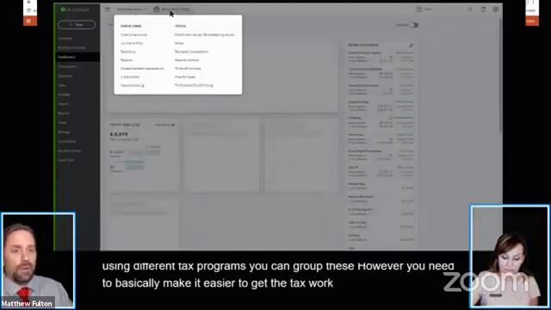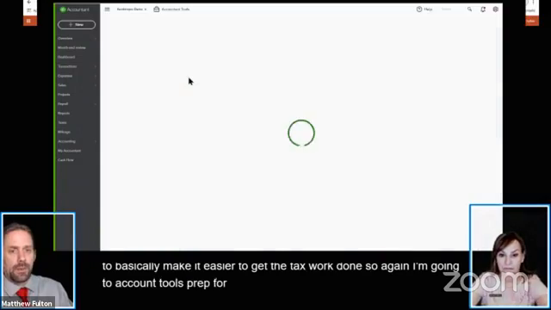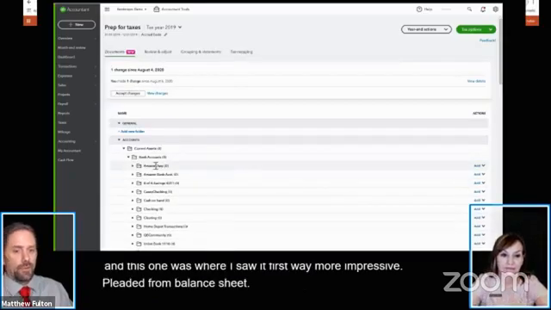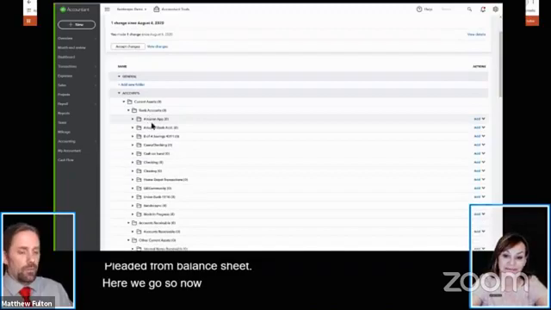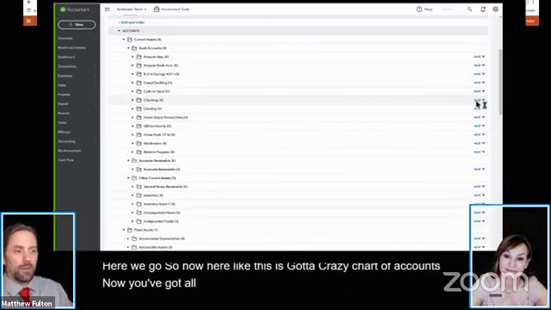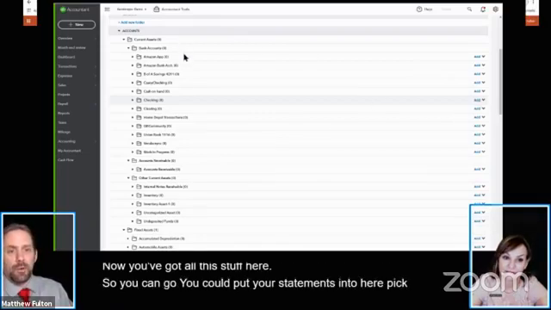So again, I'm going up to account tools, prep for tax. And this one was where I saw it first, and it's way more impressive. We did it from the balance sheet. Here we go. See now, this has a crazy chart of accounts. Now you've got all this stuff here. You can put your statements in here, pick something, drop it in.